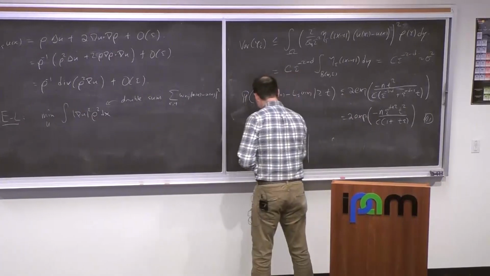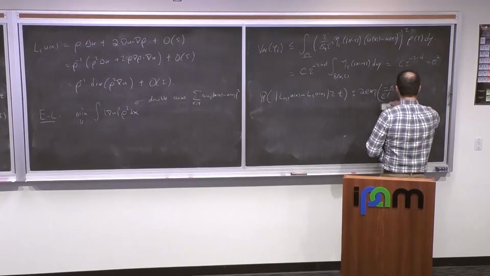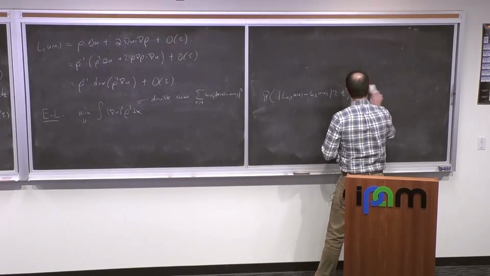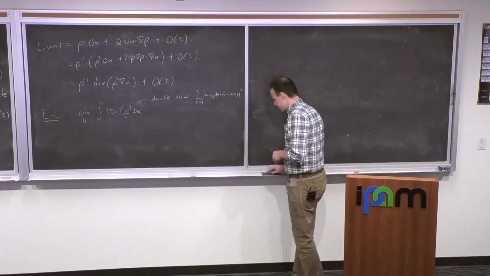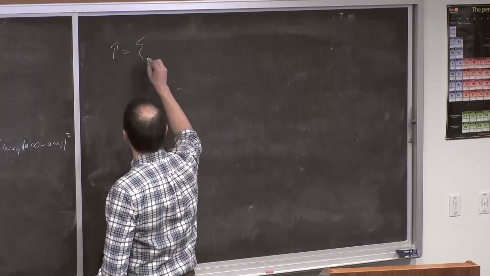Okay, so from this, you can immediately prove discrete to continuum convergence with rates, at least in simple settings. So let me just end with this. Say that we take our labeled points to be everything that's close to the boundary.